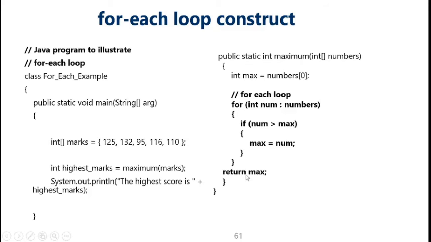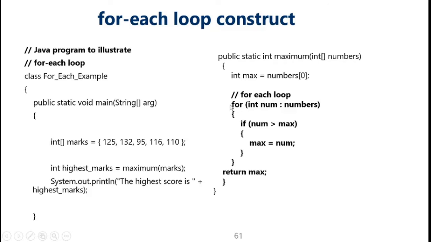So this value is returned from this function, and that will be stored into this highest_marks variable. And here, if you see this array, 132 is the maximum value, which we got into this variable highest_marks, and that will be printed here.